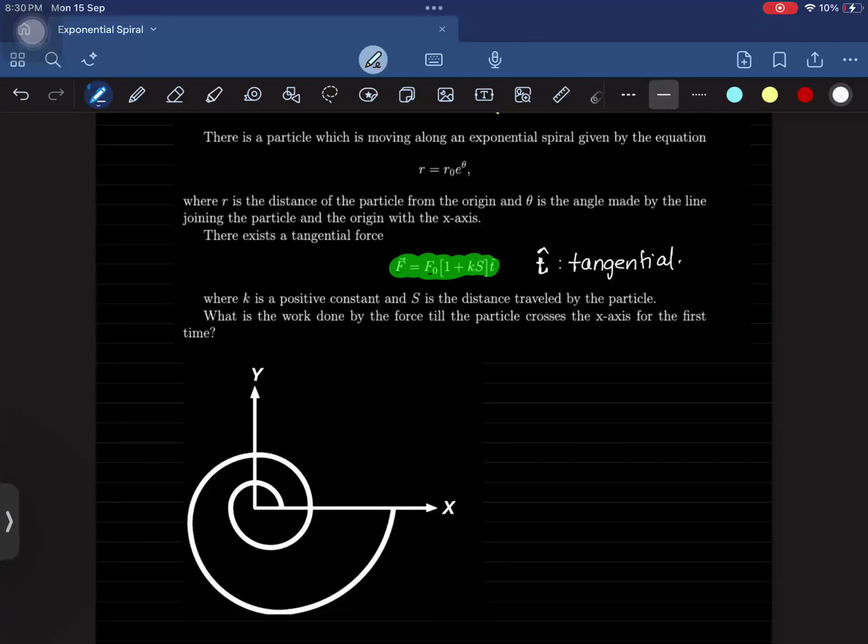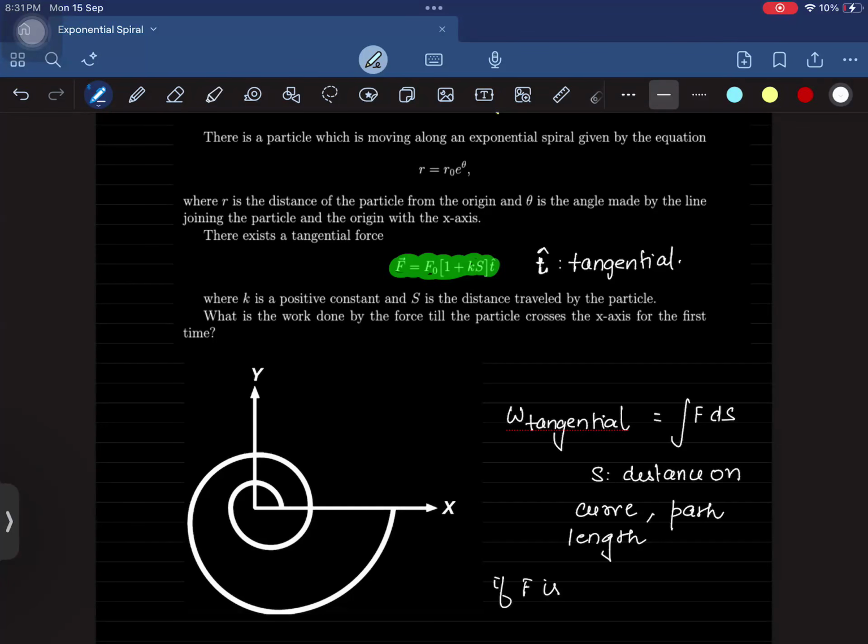We must recall from the discussions of work, power and energy that the work done by a tangential force is the integral of F ds, where s is the distance on the curve, or we can also say path length.